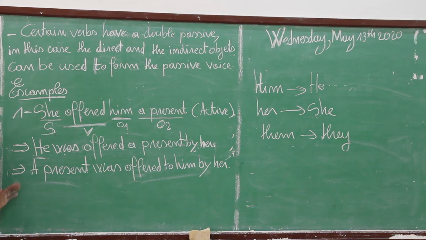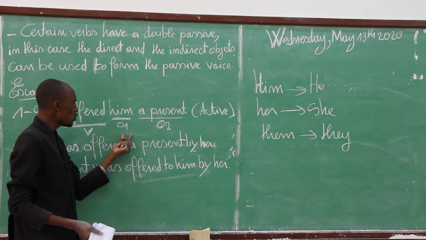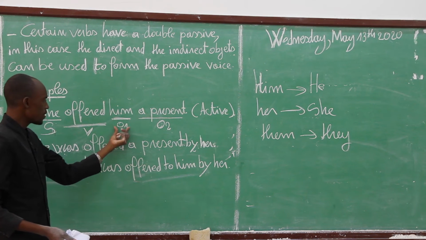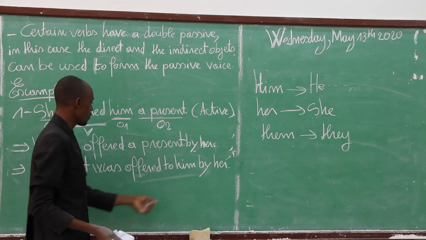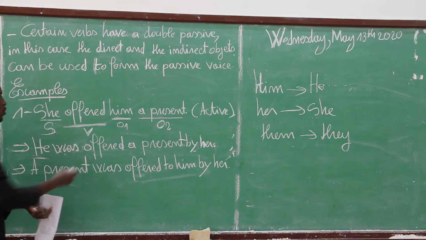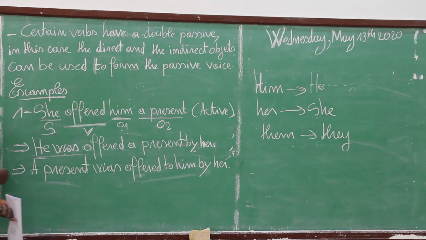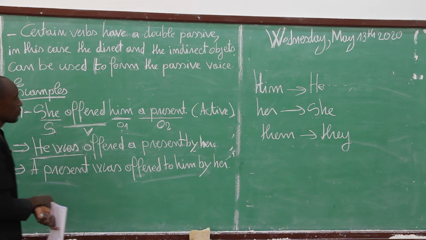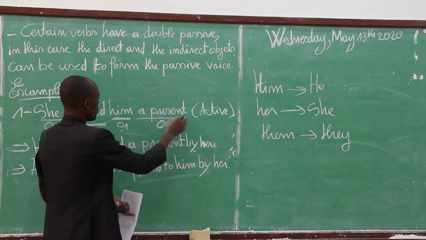Now, here we have noticed that we have used the first object and the second one. Donc ici nous avons utilisé le complément d'attribution. Dans la première phrase, le complément d'attribution dans la phrase passive devient le sujet. Et dans la seconde phrase, nous avons utilisé le complément d'objet.